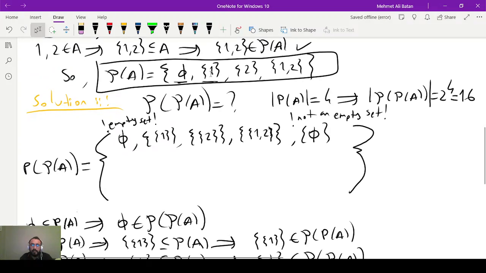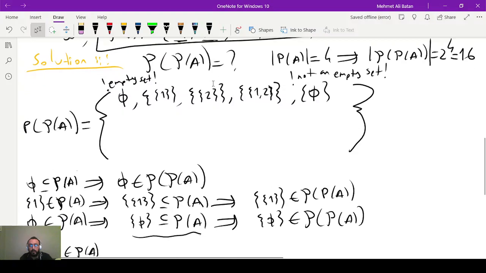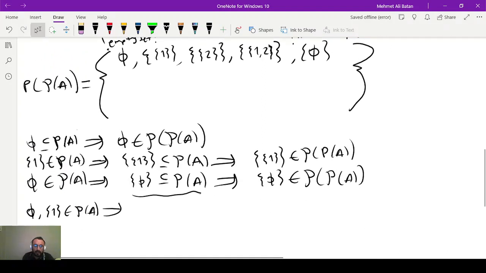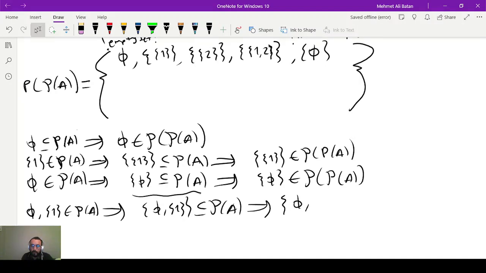The empty set and the set which contains only the element 1 are in the power set of A, which implies the set with these two elements is a subset of the power set of A, which implies it is in the power set of A. Let me write it.